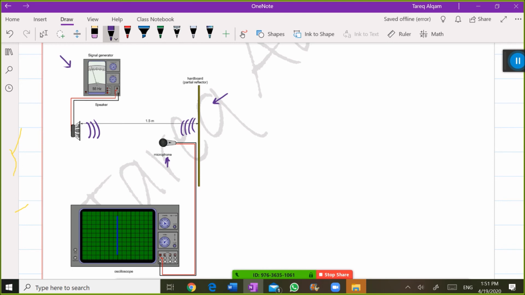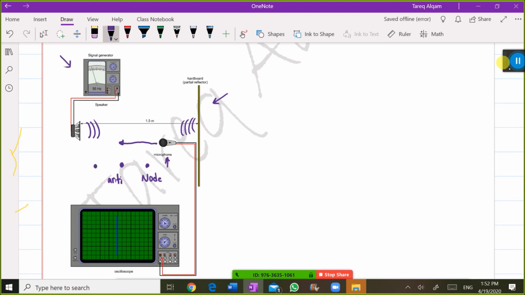This standing wave will be at specific frequencies. In order to check this, I have a microphone. This microphone will be moved horizontally this way. At a certain position, the microphone shows a lower amplitude, which is a node. At a certain position, it will detect higher amplitude, which is an antinode. Again a node, and so on.